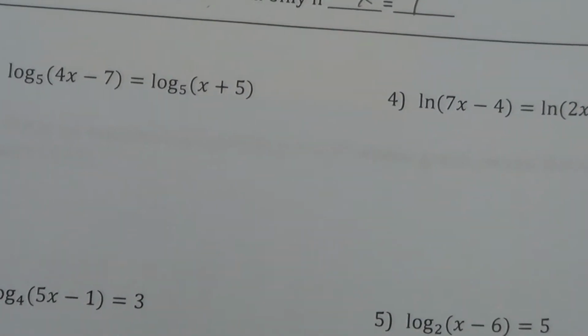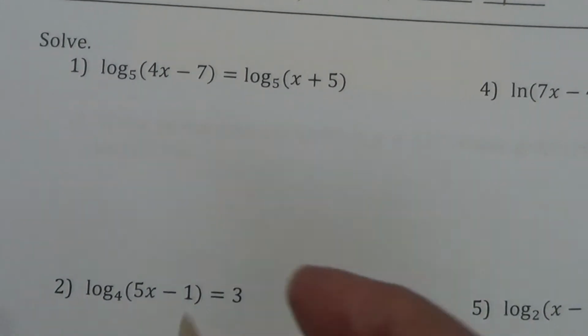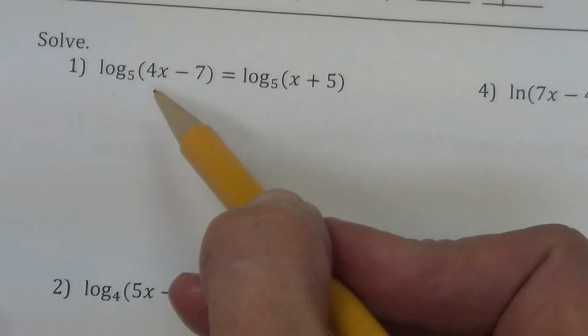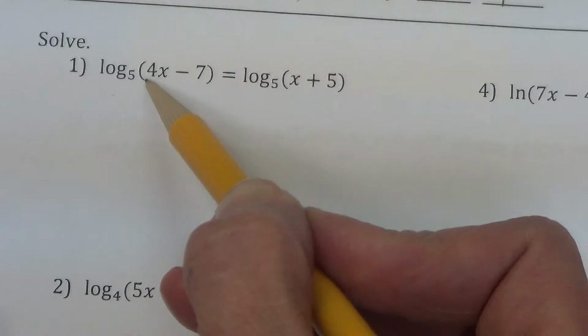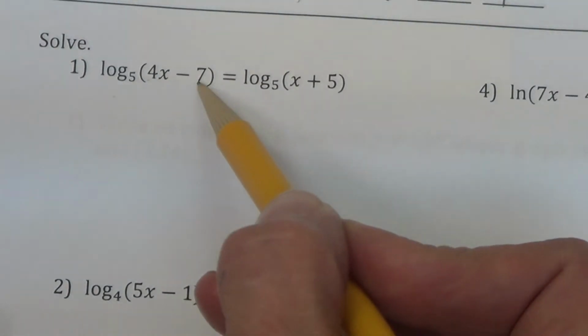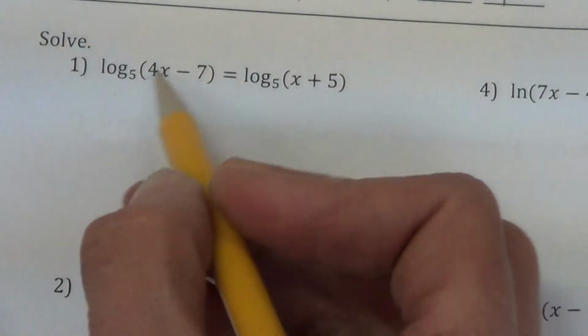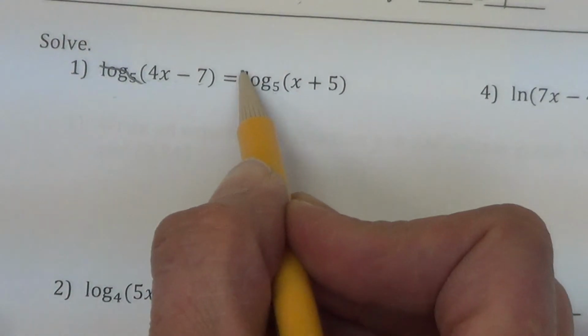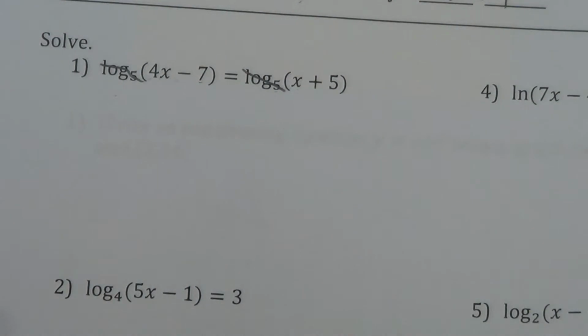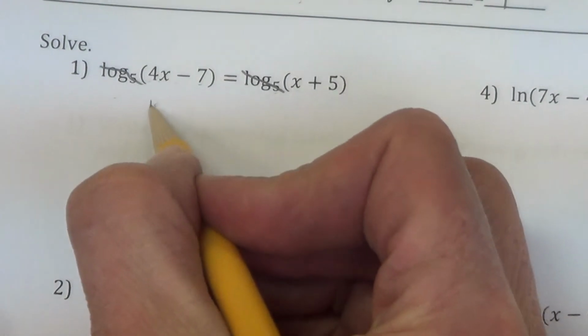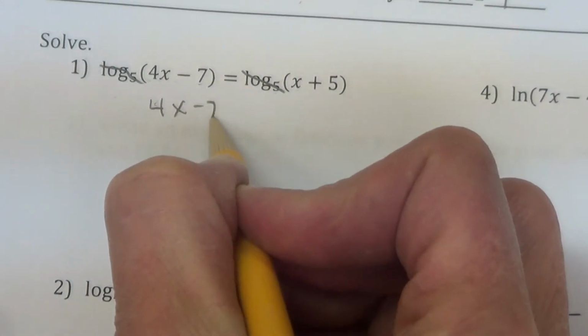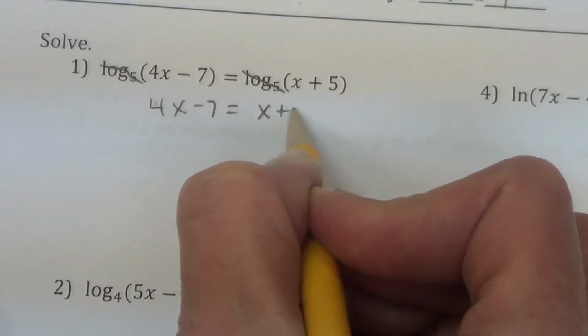So, now we can solve these kinds of problems. If we have log base 5 of 4x minus 7 equals log base 5 of x plus 5, these log base 5s can cancel side to side. And we simply solve 4x minus 7 equals x plus 5.